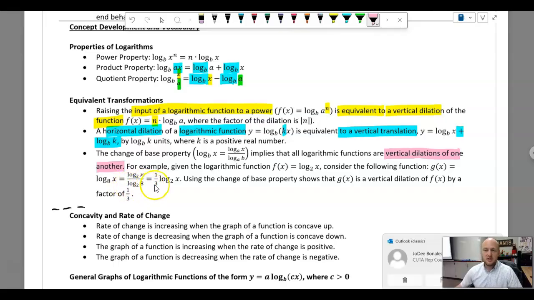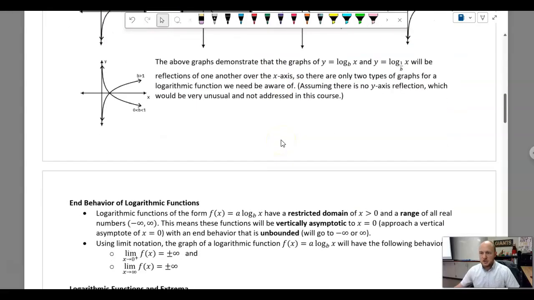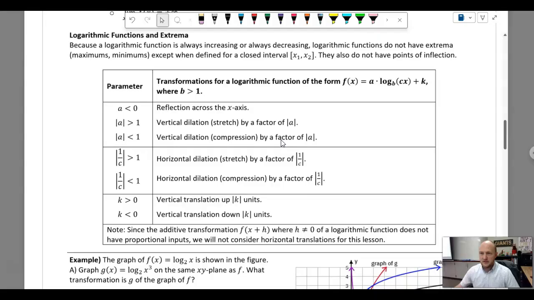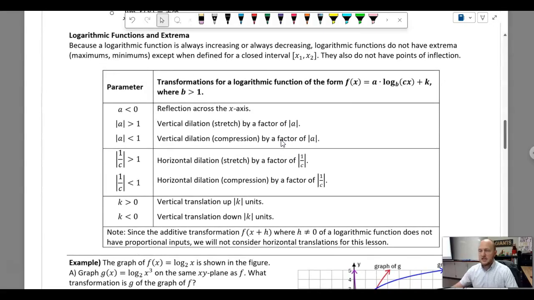So this becomes 1/3 log base 2 of x. Using the change of base property shows a vertical dilation of f of x by a factor of 1/3.